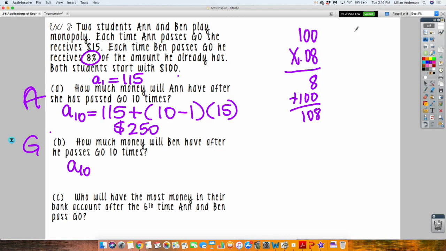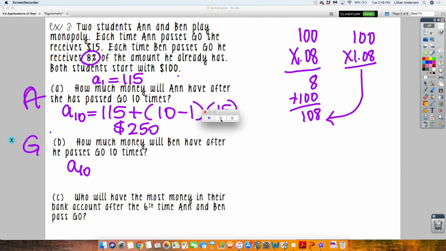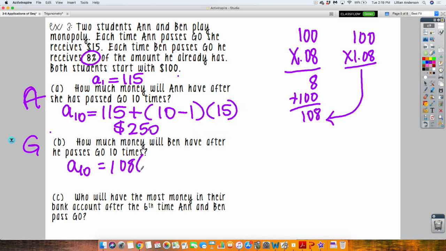If you multiply by 1.08, it takes me straight to that number without having to add that extra 100. Okay? So Ben's first term is 108.